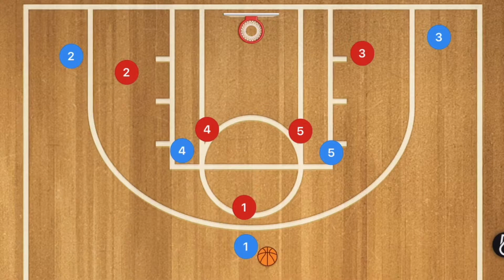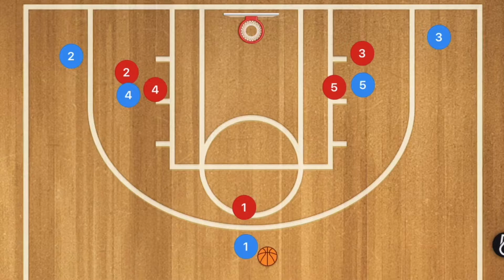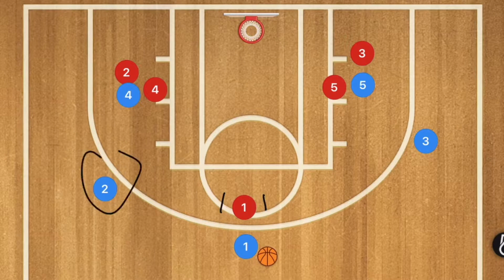Now, in our second play, what we are going to do is obviously another STS. We're going to have players 4 and 5 screening down for players 2 and 3. Now, what's going to happen is player 3 and player 2 have a choice. They can both set a sandwich screen on player 1, or one could set up for a three-point shot, and then the other one will be doing a Screen the Screener screen.